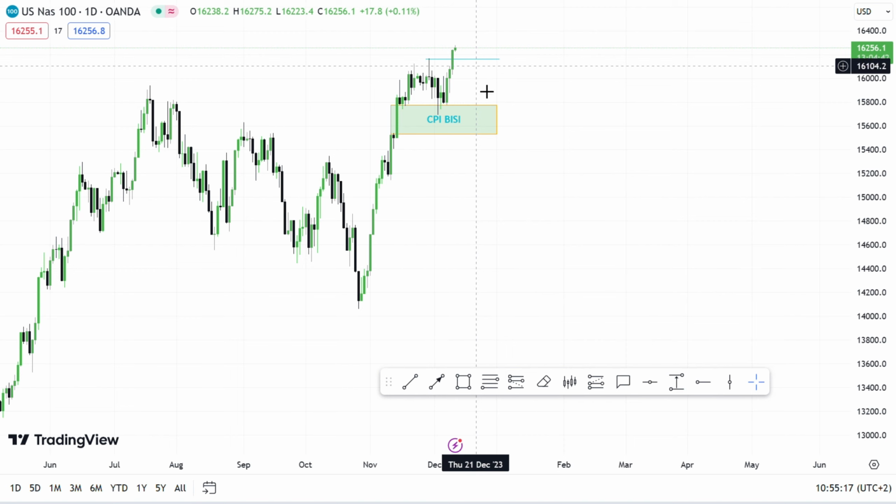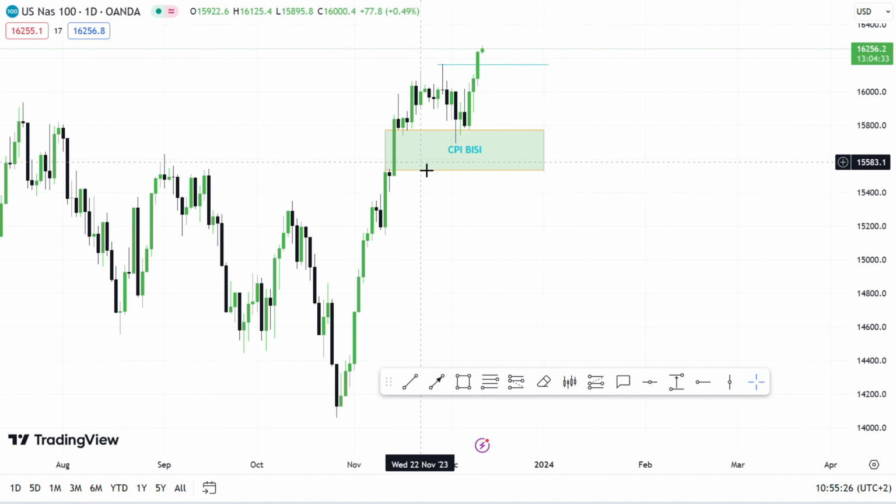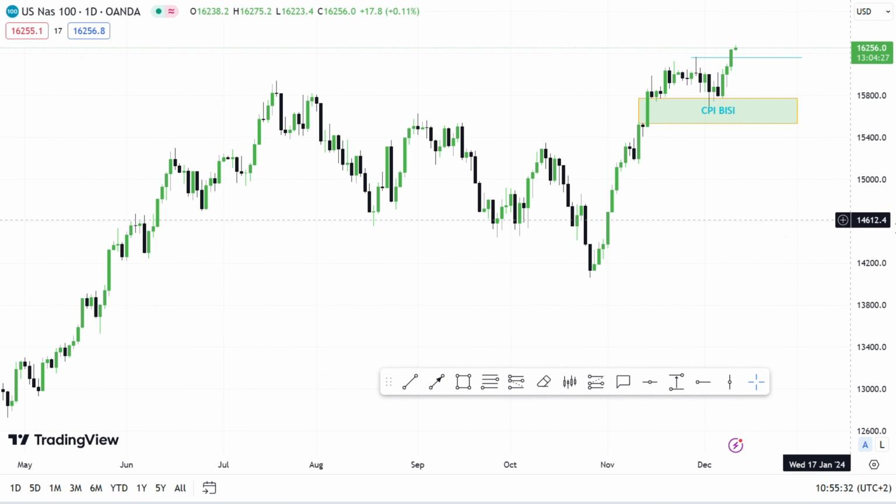We used the influence of the fair value gap to break the what? To break the high. And if you look at it, it broke a low here, took out the liquidity, entered into a fair value gap, and boom, we're above price. Now you're above the high.